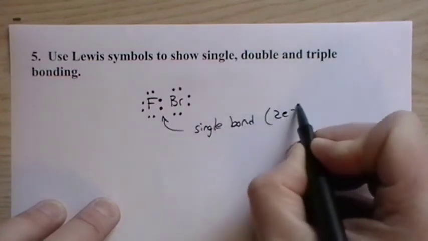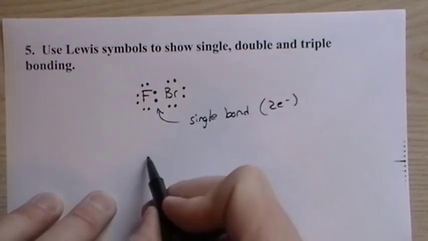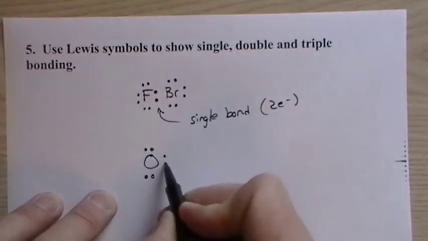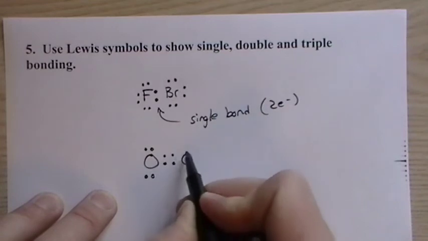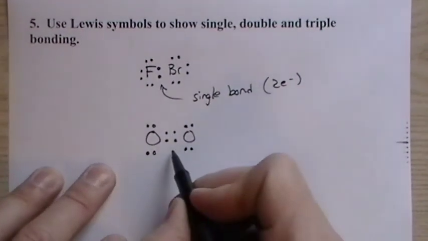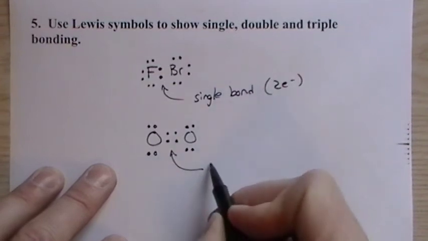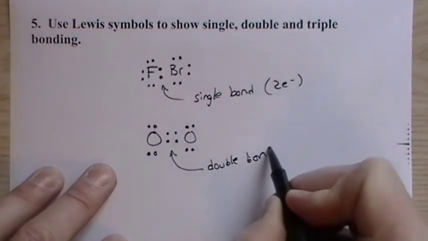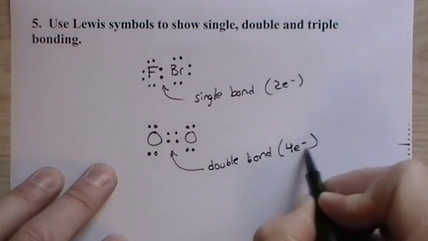This is 2 electrons. A double bond would be like oxygen. I'm not going to take a lot of time to explain how we got this. We're going to be doing a lot of these later. But when there's 4 electrons between 2 atoms, then it's a double bond. So that's 4, or 2 pairs of 2.